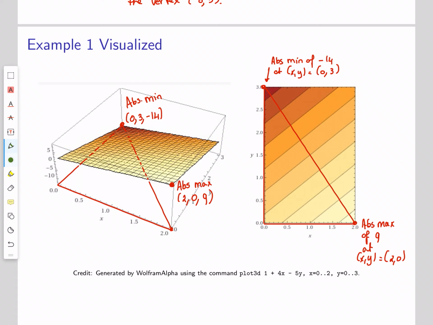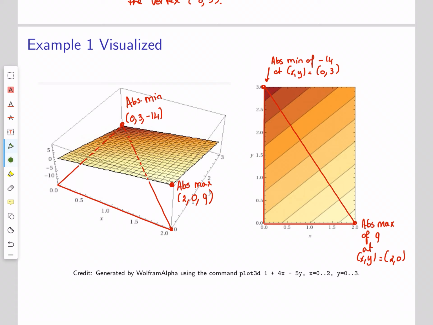In 3D, on the XY plane, I have drawn out the triangular region, and you can see how the plane is sitting on top of that triangular region. The minimum is found at the back there, at the point (0, 3, minus 14), and the maximum is right here at the front, so at the point (2, 0, 9).